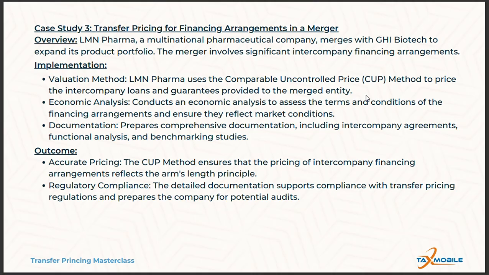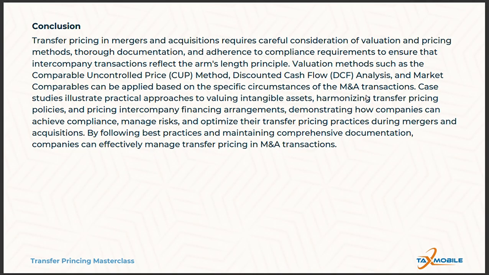The CUP method ensures that the pricing of intercompany financing arrangement reflects the arm's length principle. With respect to regulatory compliance, detailed documentation supports compliance with transfer pricing regulations and prepares the company for potential audits. So we've looked at 3 case studies now to illustrate transfer pricing in mergers and acquisition.